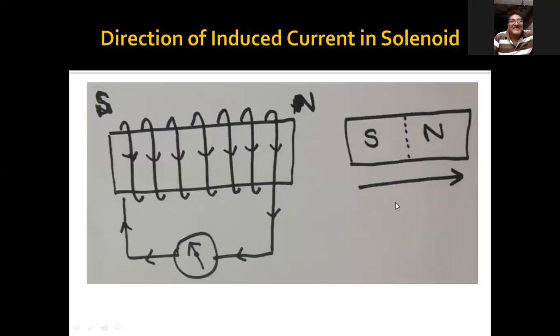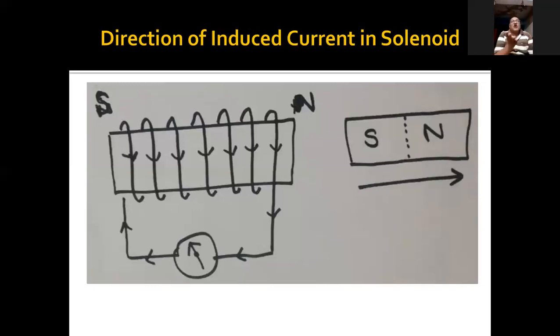To stop this, here a north pole will be induced. It will try to attract this south pole and stop its motion. Once you have decided that the right side of the solenoid is north and the left side of the solenoid is south, then you can apply the right hand grip rule for the solenoid.